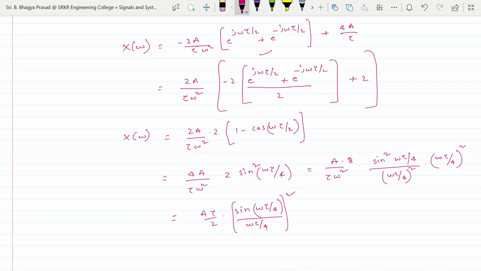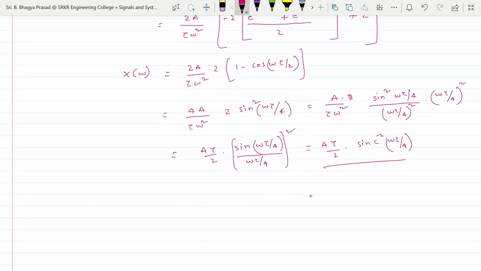So your final expression will be aτ/2 sinc square(ωτ/4). This is the Fourier transform of the triangle, that is X(ω) equals aτ/2 sinc square(ωτ/4).